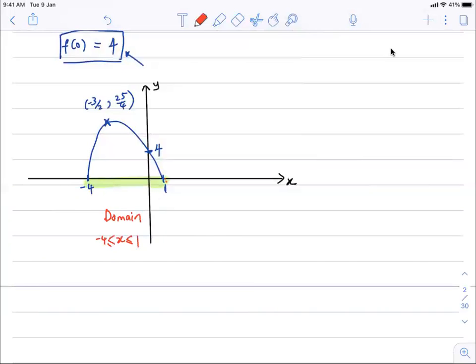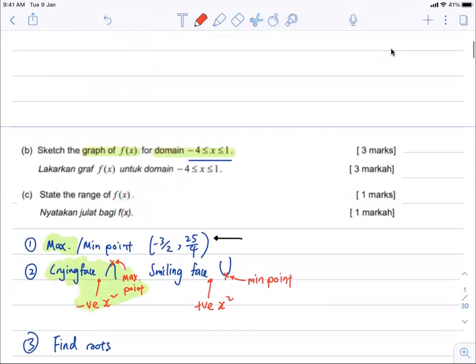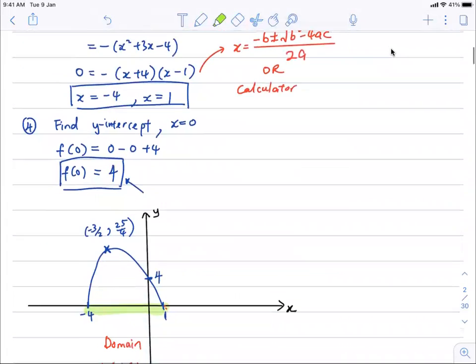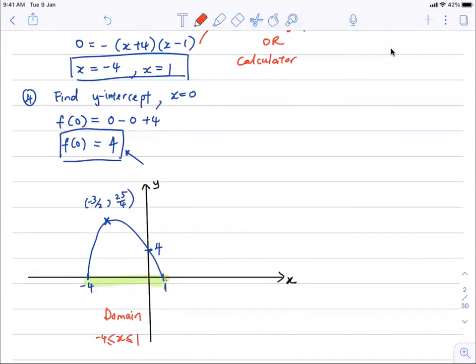And then now we can move on to part C. Part C is to take the range of f(x). Just now we already know that the domain is the horizontal axis. So what about range? Range is the vertical axis.